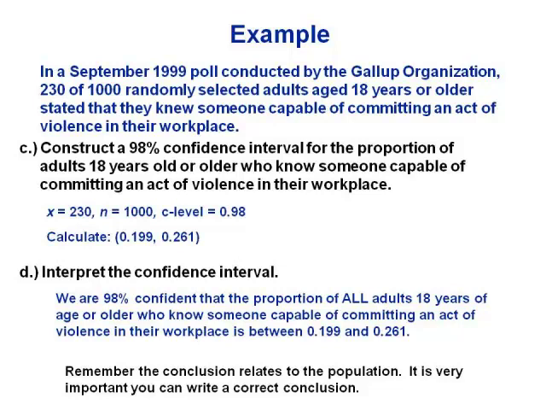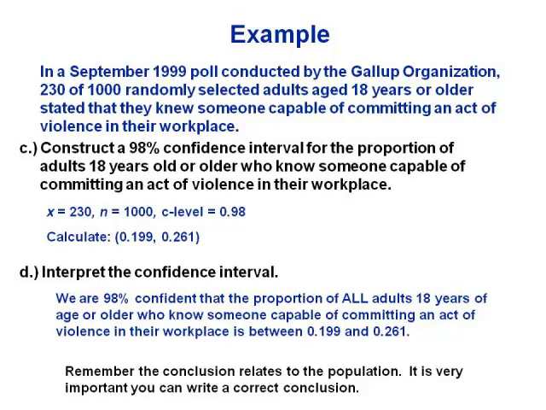X is how many people gave the response you're looking at, so 230 people said yes, they knew someone. N is the sample size, 1,000, and the confidence level is 98, which I enter as 0.98. Then I arrow down to Calculate and hit enter.